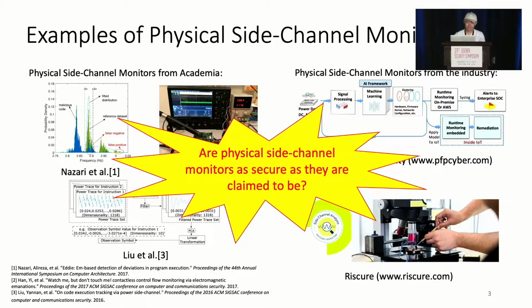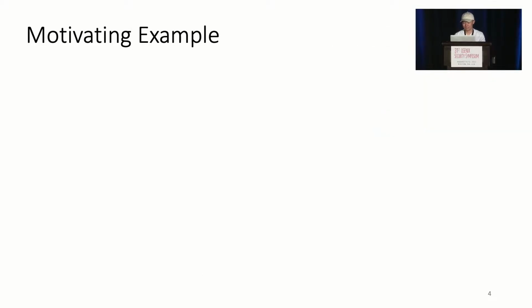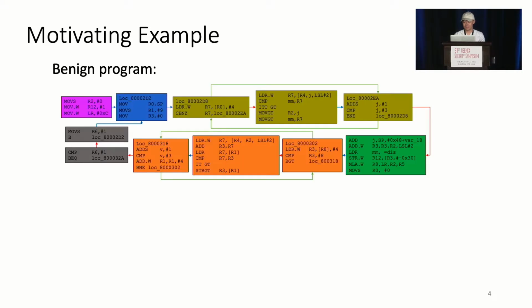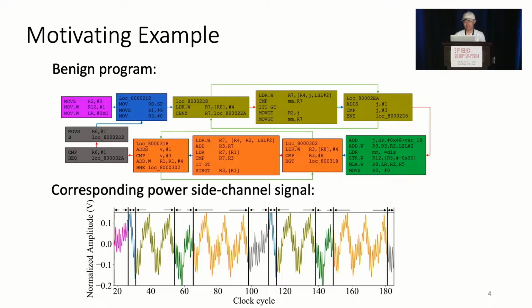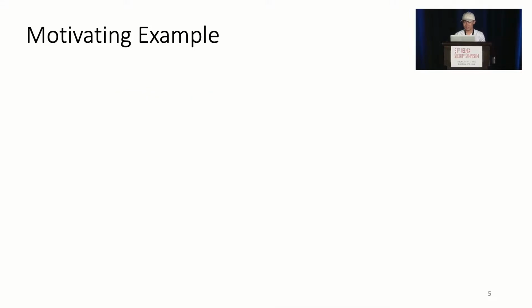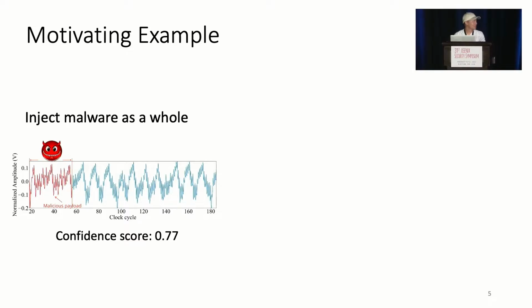Before diving into the attack, let me give you a high-level motivating example. Let's assume there is a benign program in the form of a control flow graph. Its corresponding power side channel signal looks like this. An adversary intended to inject a malware into this benign program, so he can inject it as a whole.